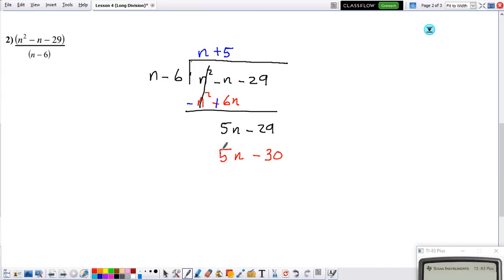So if this is positive 5n, it becomes negative, and this is negative, it becomes positive. Now we can combine like terms. So this 5n's cancel out, and now you have 30 minus 29, so that equals 1. Now this is your remainder.